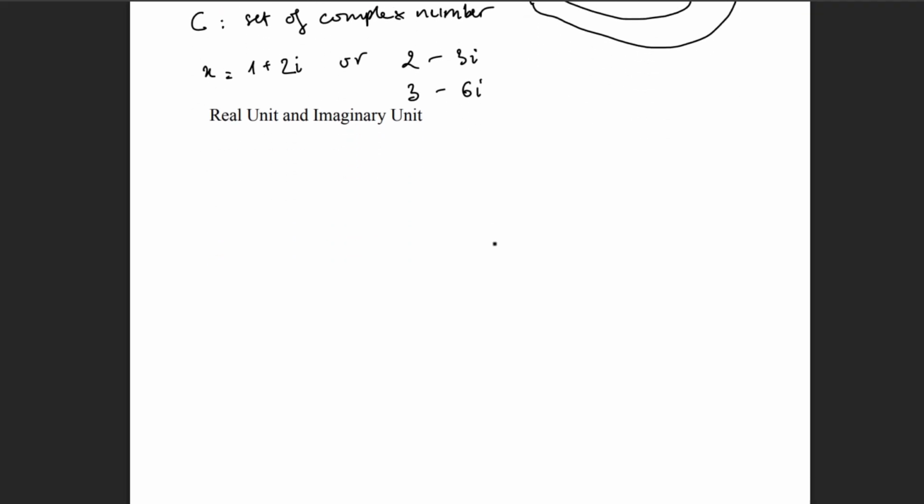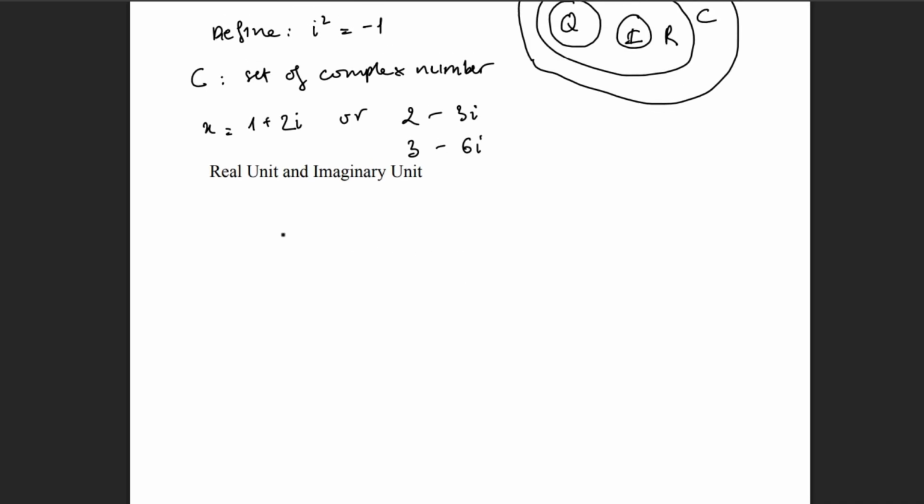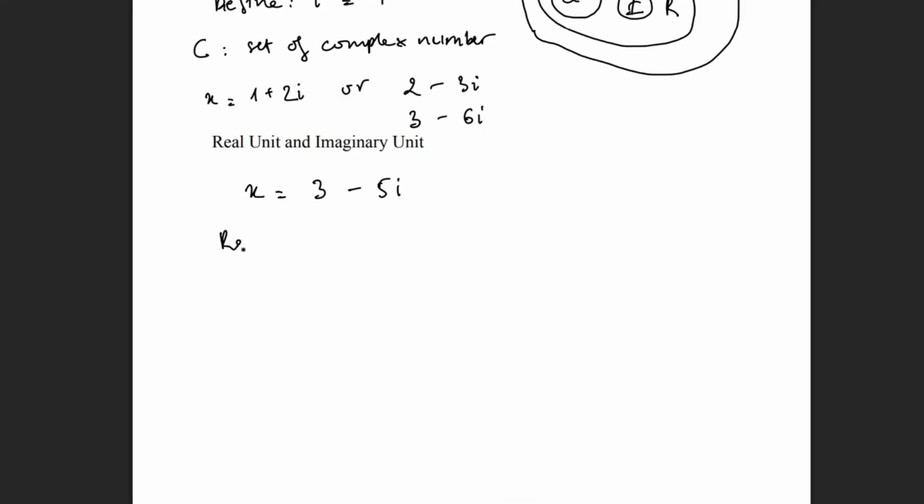So next we will go through the real part and imaginary part. So what is the real part and imaginary part? For example, we have x equal to 3 minus 5i. So the real part is 3 and the imaginary part is minus 5.